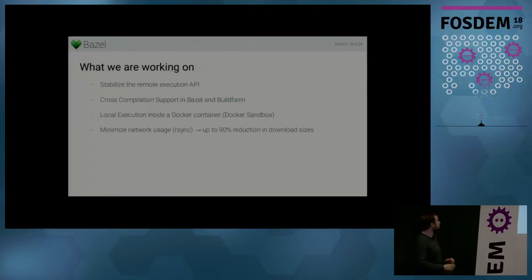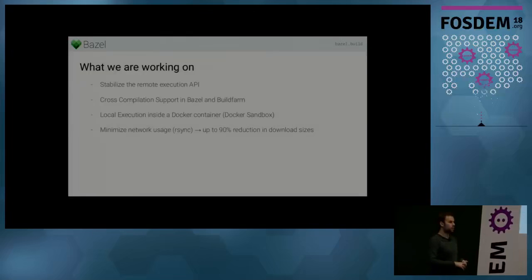Yes, and so generally, what are we working on? The API is also still evolving. So the remote execution API, the caching API is set. And we are trying to add cross-compilation support. And a big focus for us is to have sandboxed execution in Docker.